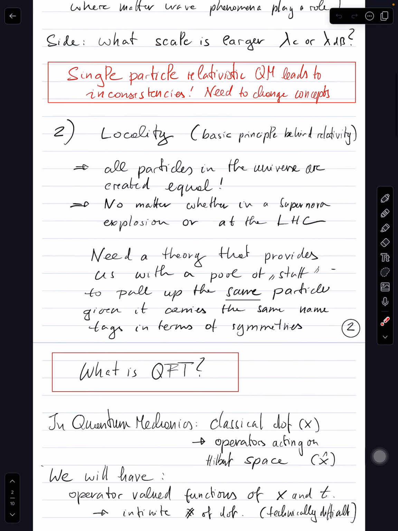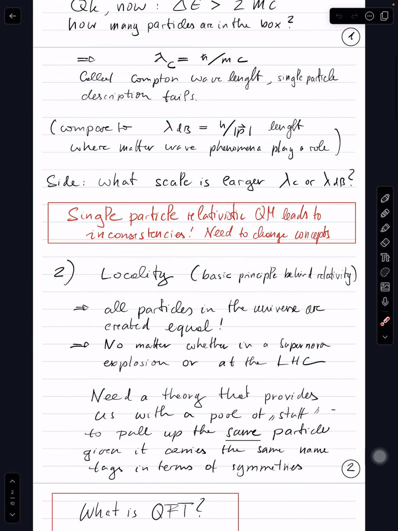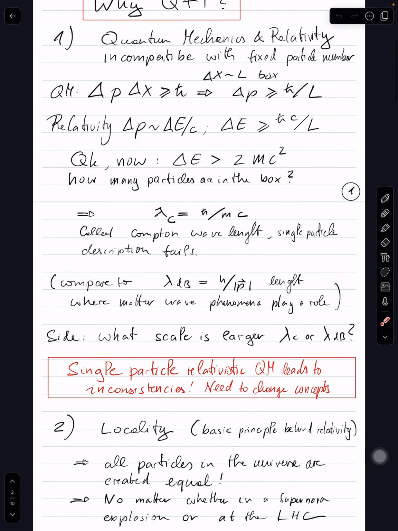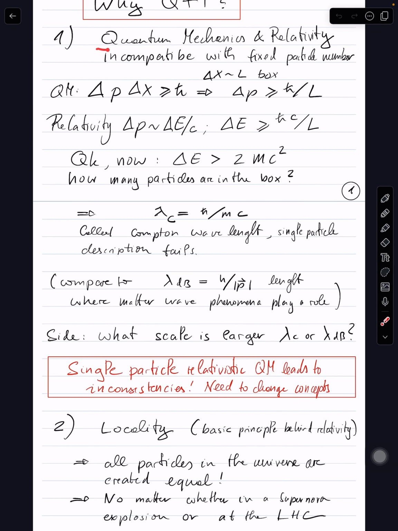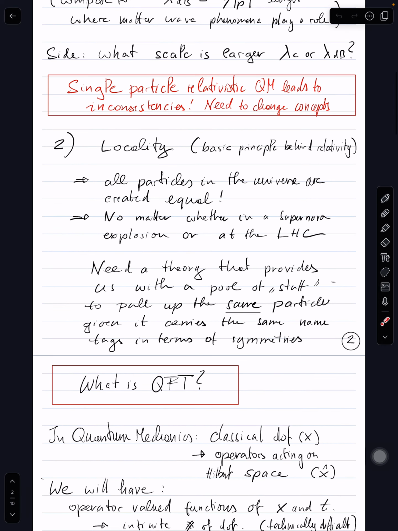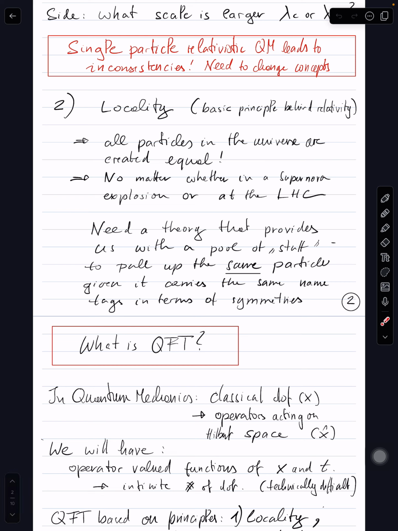Good. The second very important concept that plays a role, besides the merger between quantum mechanics and relativity, in the theory of quantum fields is locality. It's essentially the basic principle of relativity, but now combined with quantum mechanics, we will see that there will be the possibility of creating particles. And locality in this regard also means that all particles in the theory and in the universe are created equal.